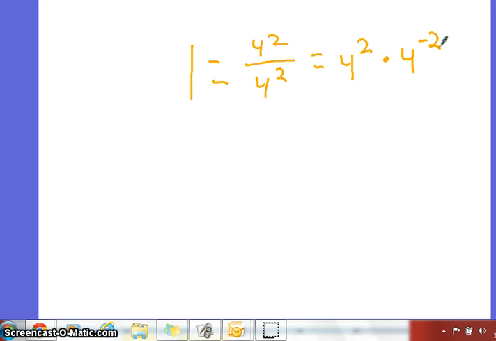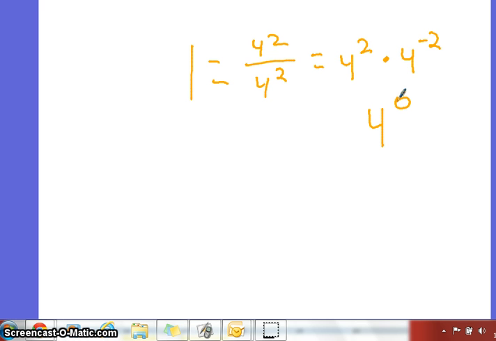If we apply what we just learned at the beginning with negative exponents, we move this one to the numerator, we get 4 squared times 4 to the negative squared. Okay, what does that leave us with? Well, that leaves us with 4 to the 0 power.